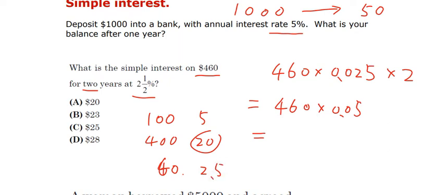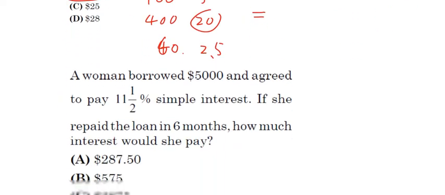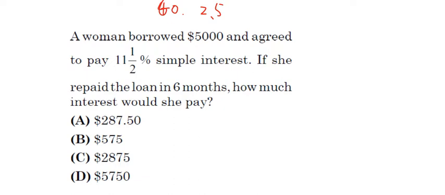So it looks like 22.5. Oh, so 60 is more than this. Yeah, 2.5. So the answer is like 23, right?